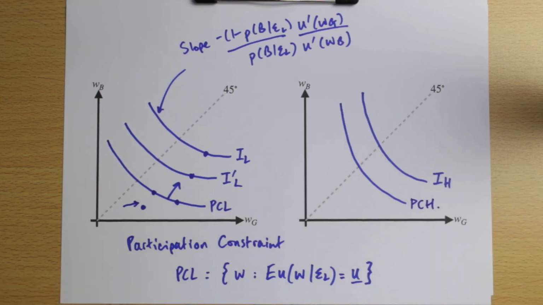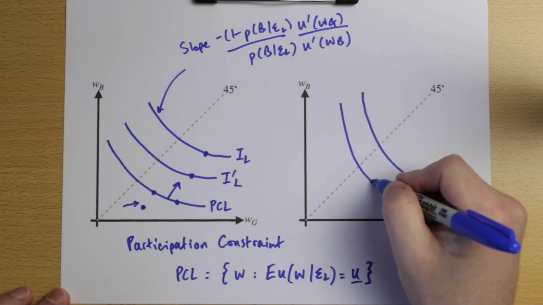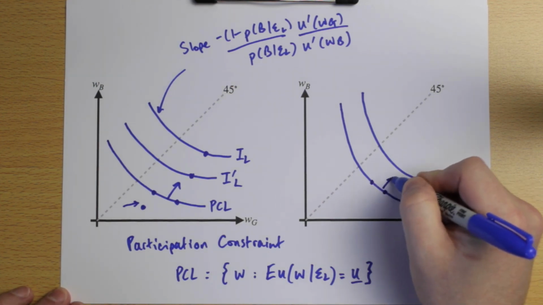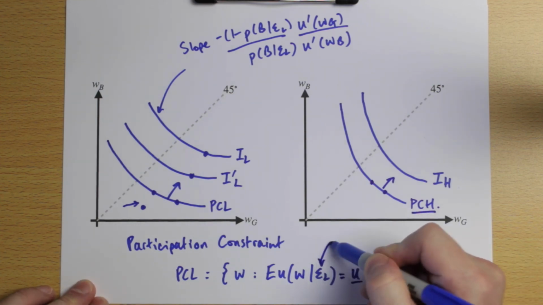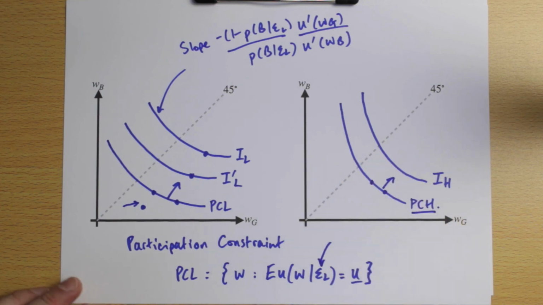Conditional on putting in a high level of effort, the employee's participation constraint is different. So if they're going to accept a contract conditional on high effort, then they're going to need a contract that's either somewhere along this curve or above. And this PCH would be defined by replacing this epsilon L here with epsilon H.